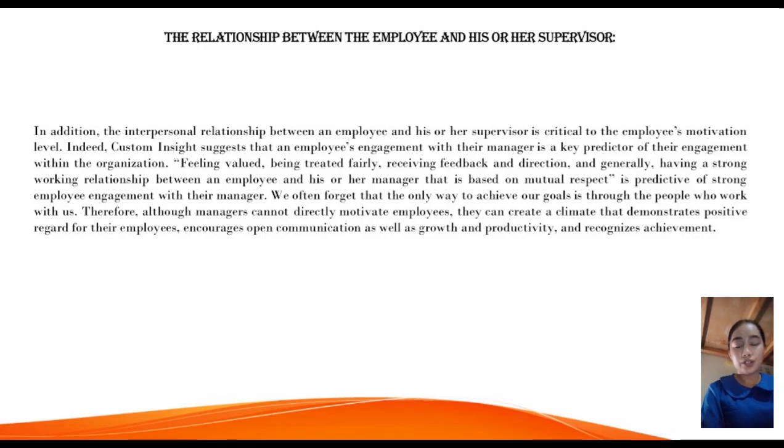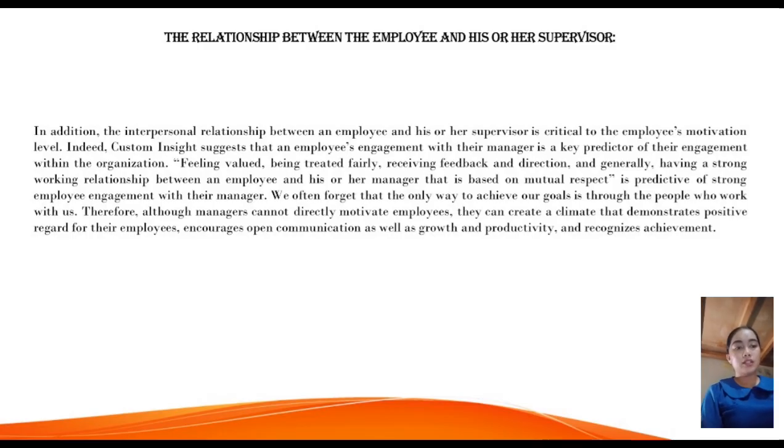Next is the relationship between the employee and his or her supervisor. In addition, the interpersonal relationship between an employee and his or her supervisor is critical to the employee's motivation level. Indeed, Gallup insights suggest that employee engagement within the organization is tied to this relationship.